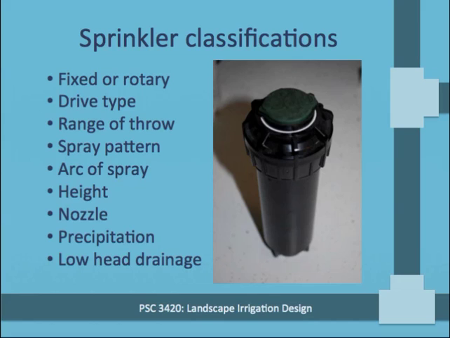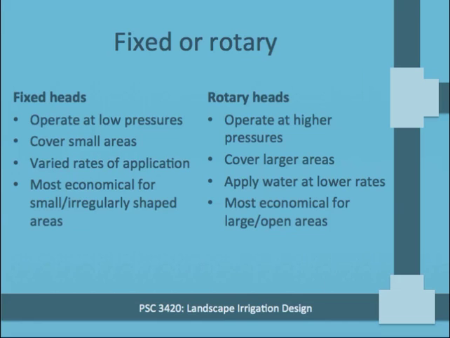Other ways that sprinklers are classified include the drive type or the mechanism that causes their movement, the range of throw, the spray pattern for the sprinkler, the arc of that spray pattern, the height of popping up or height of the sprinkler proper, the type of nozzle that's in the sprinkler, its precipitation rate, and whether or not it is set to deal with low head drainage, and I'll talk more about that as we go on.